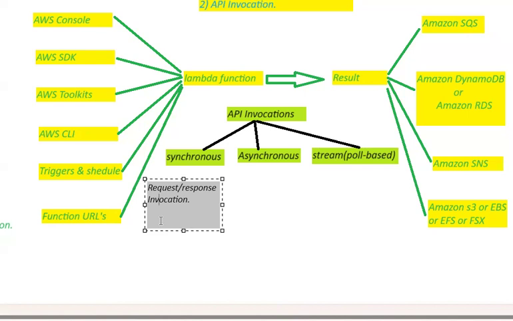If you take an example of API Gateway, a client sends a request to API Gateway, then the request is sent to the Lambda function. Then the Lambda function will send back the response to API Gateway, and API Gateway will send the response back to the client again.